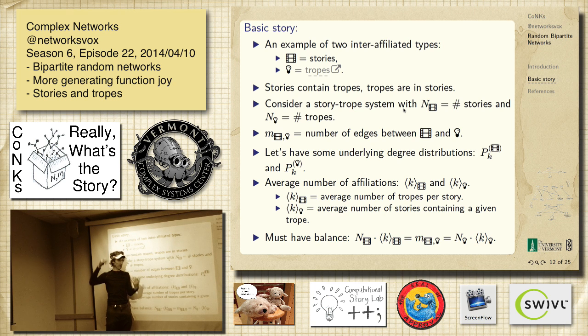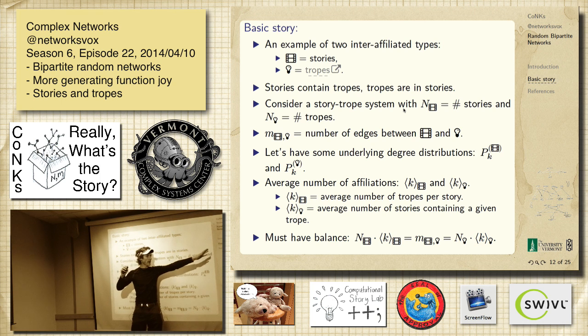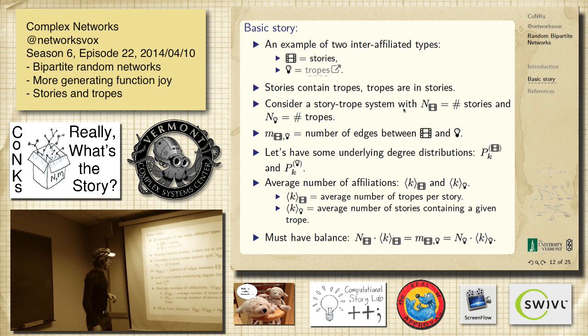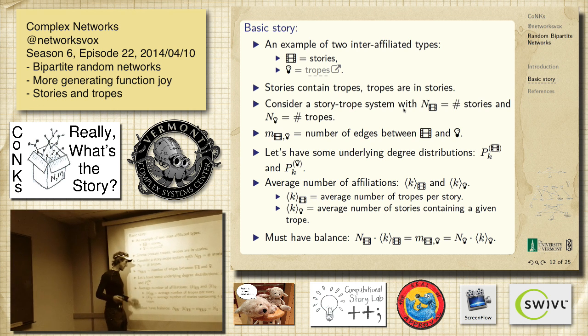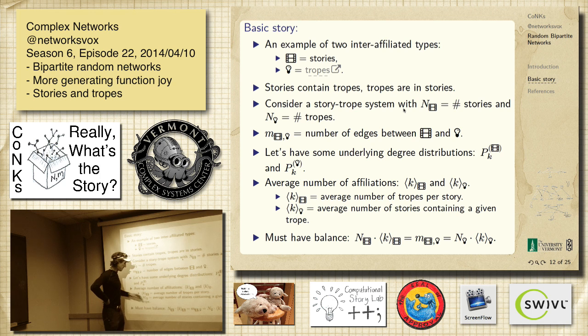But it could be probabilistic. So you're sampling, you're saying, okay, the first story has 13 tropes, and I get 3 for the next one. You line them all up, and then you line up all the number of stories coming out of the tropes. They might not balance, right? So then you have to tweak a little bit. Fair enough, you tweak a little bit, and then you get it to work. So it depends how you're building it. But you must have this balance, right?